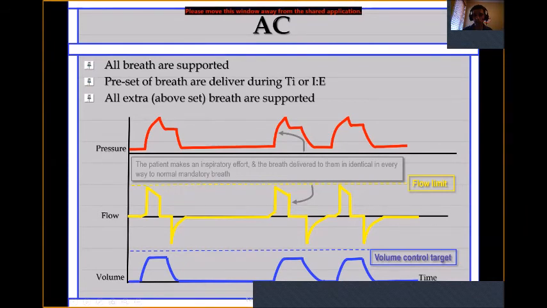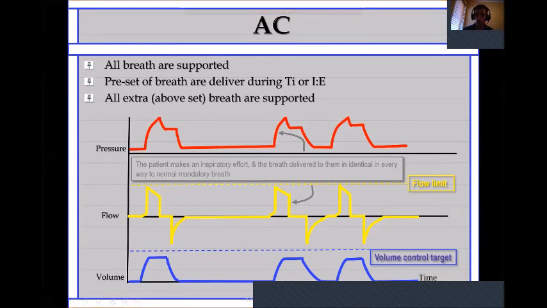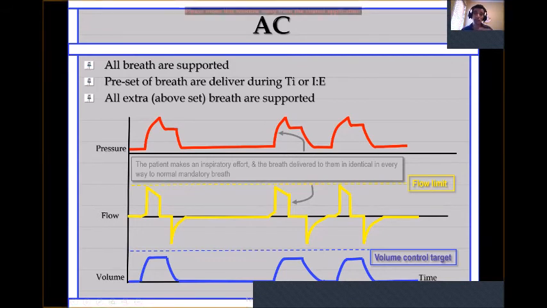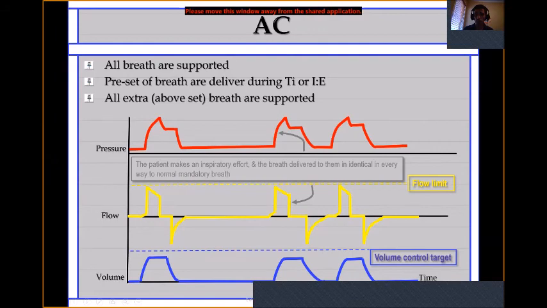You can see the flow is the same shape, and the flow is tapered. So it's pressure controlled, and it's not volume controlled. You can see the volume is of different size. So again, in assisted control, clinicians set the minimum, and anything extra above it the patient can trigger, it will also help. Therefore you'll see the mandatory and you'll see the supported, and here's the line, the trigger.